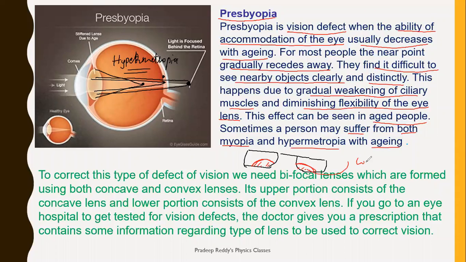So this can be convex and this can be concave, depending on our left eye and right eye, and how the defect is observed, whether it is myopia or hypermetropia. If the person is suffering from both myopia and hypermetropia, such a type of lens, where half part is concave and half part is convex, can be used in order to correct presbyopia. That is the effect of presbyopia.